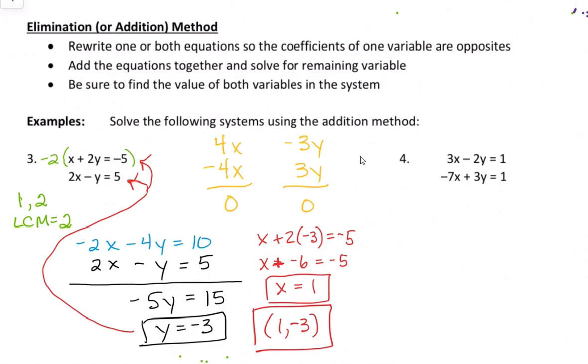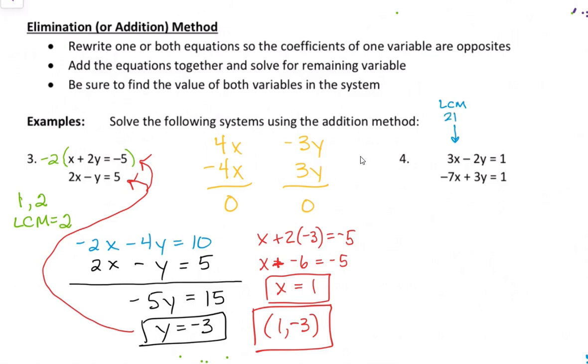Okay, let's take a look at one more. On number 4, when I'm looking at which variable I want to eliminate, let's take a look at the coefficients of each. When I look at the coefficients of x, I've got a 3 and a negative 7. So the least common multiple for 3 and negative 7, or 3 and 7, would be 21.